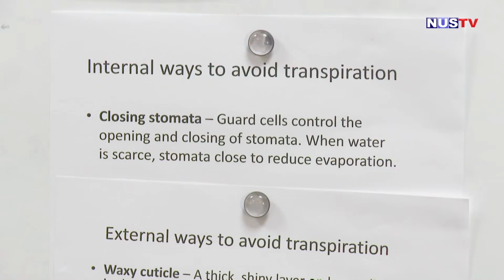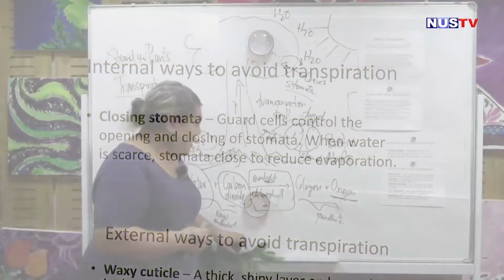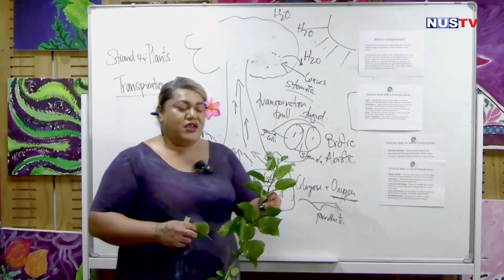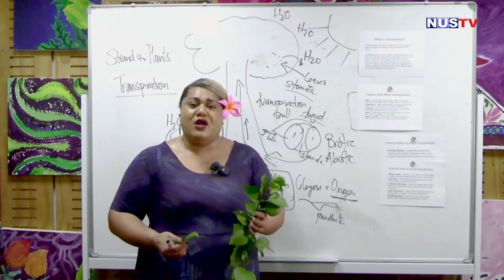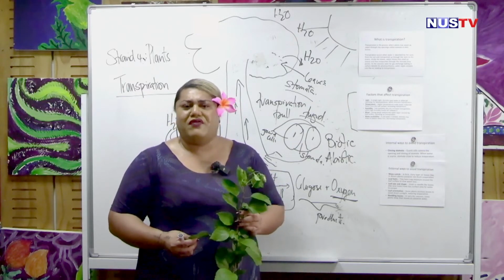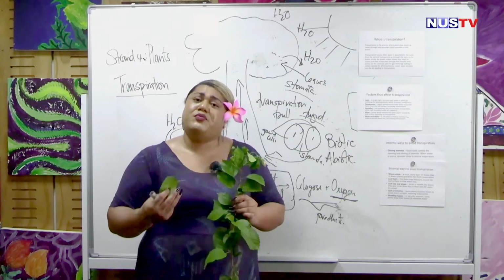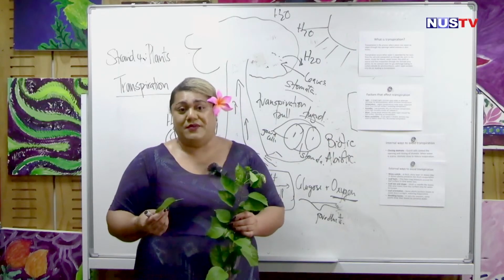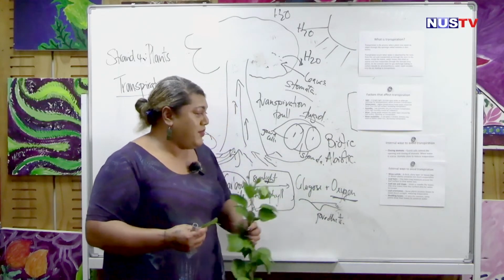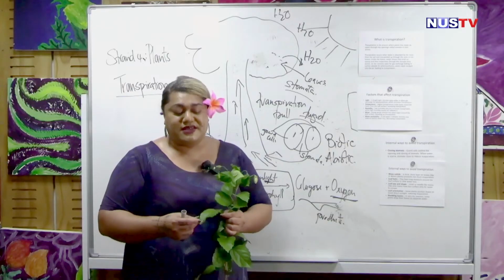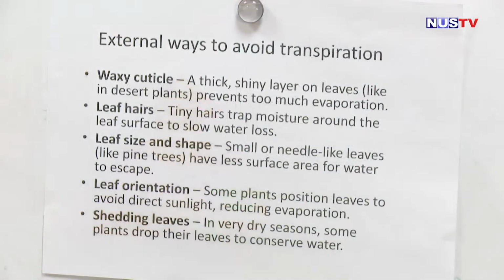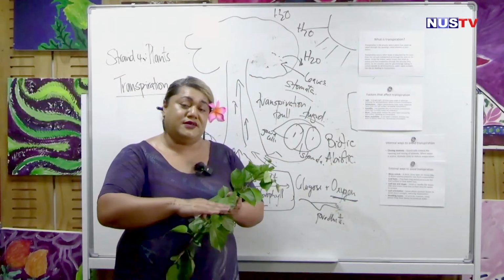Now for the external ways. We talked about the waxy cuticle yesterday, on the top of the leaves. The leaves can be glossy.